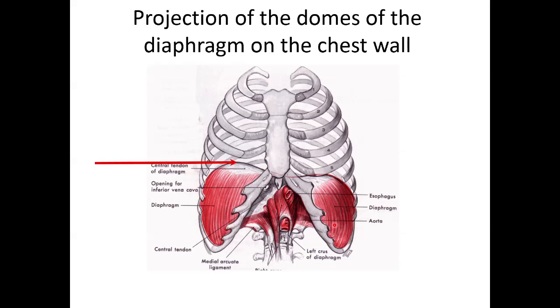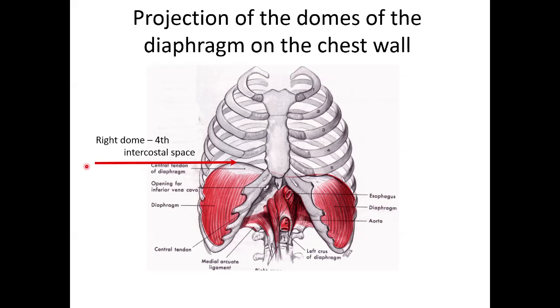So we can say that the right dome is projected into the fourth intercostal space. For understanding, in males the nipple is located exactly here, in the fourth intercostal space or at the fourth rib.